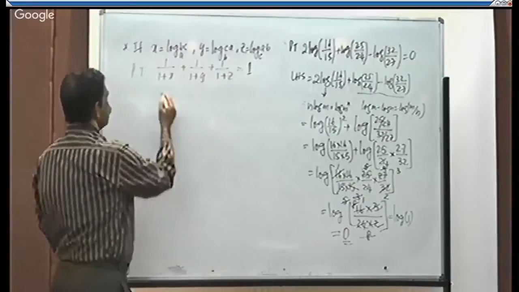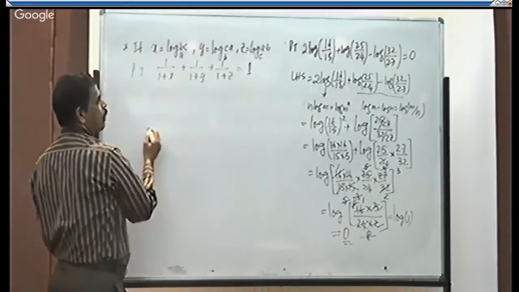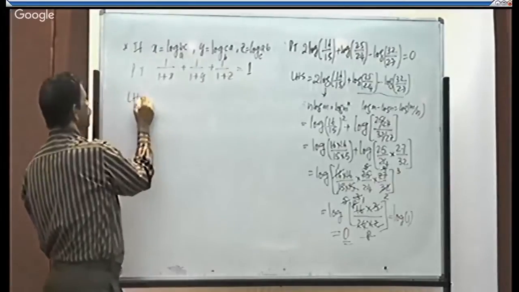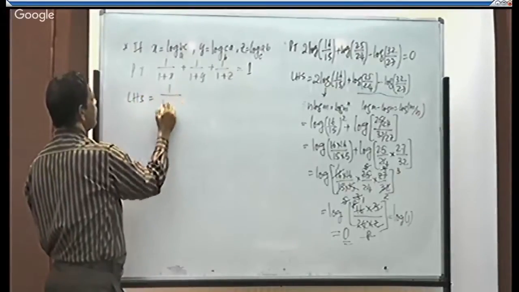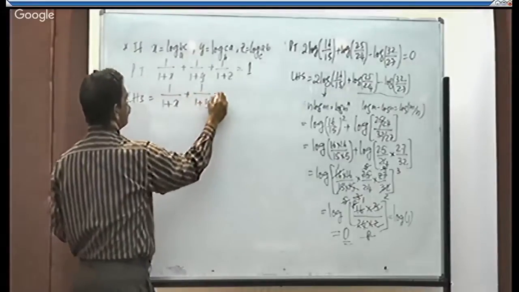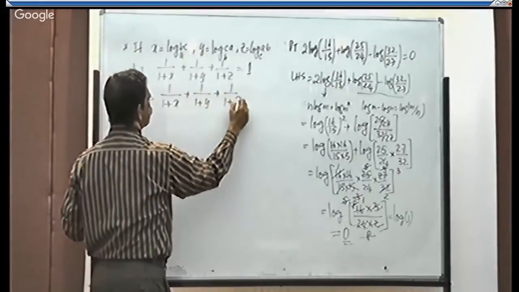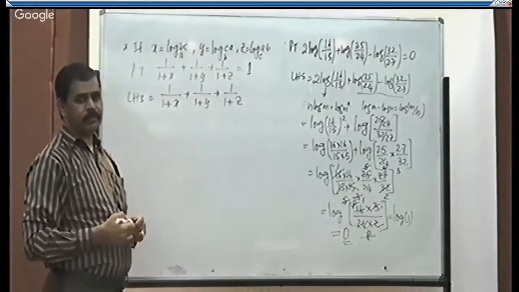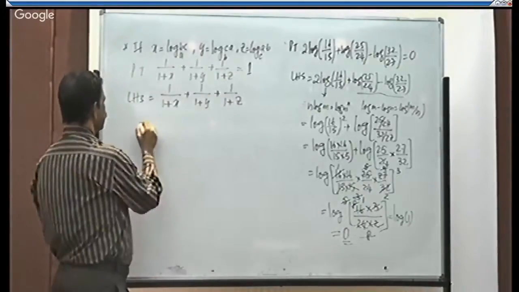Okay. You take the proving equation, left hand side. What is left hand side of the equation? It is 1 divided by 1 plus x plus 1 divided by 1 plus y plus 1 divided by 1 plus z. Right? Just replace the values of x, y, z. What is x value?